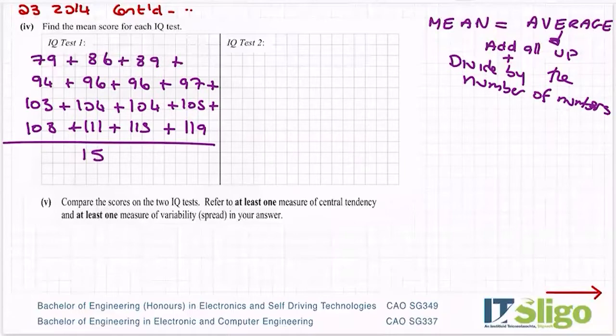Okay, so you can see what I mean by I wouldn't necessarily write it out like that because I don't think it's overly helpful. So when you add them up, put them into your calculator, you should get 1506 over the 15 divided in, and you get 100.4. So that's the average, okay?